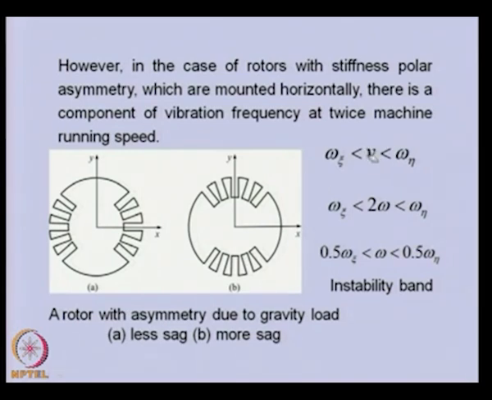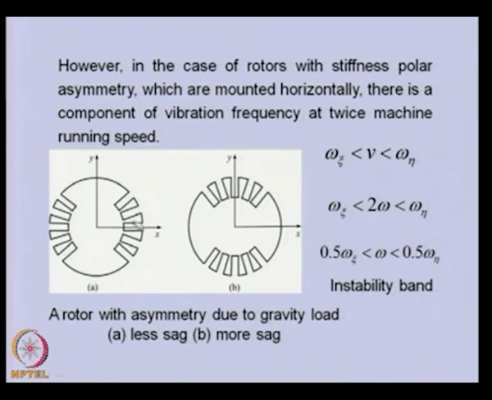but if we generalize, this vibrational frequency whenever it is between these two bands will have instability. For a case of such a system in which we have a symmetrical shaft in two principal directions, we find that during one rotation there will be twice the change of the stiffness.